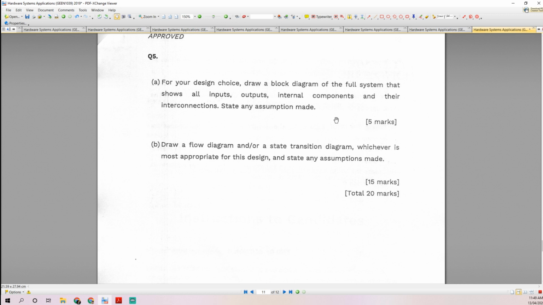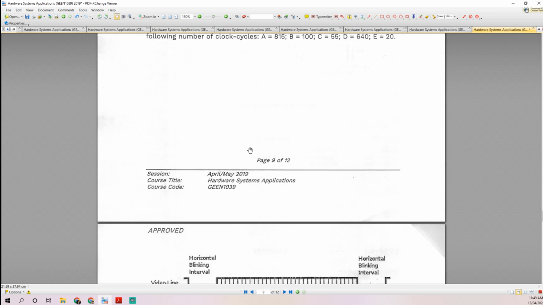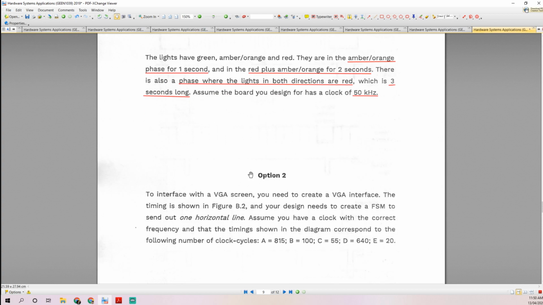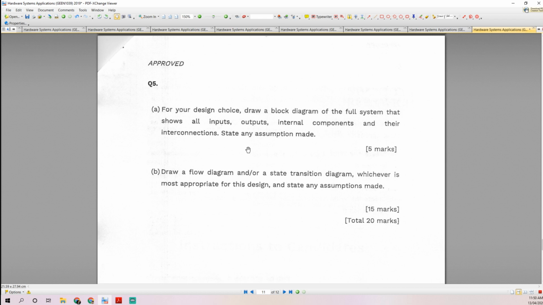Okay. Part B requires us to draw a flow diagram or a state transition diagram. And of course, that state transition diagram would be based on the states that we're thinking of from this situation here. All right. So actually, what we could do is we could first draw this block diagram and get part A out of the way.